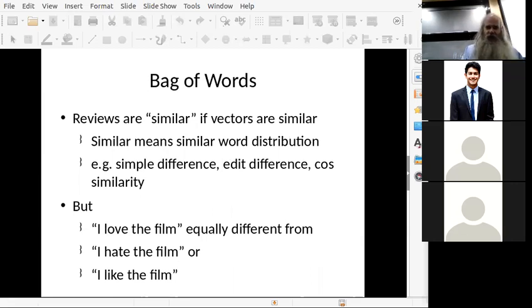Reviews that are similar, i.e. got the same number of stars, these vectors with all the zeros and ones in should be similar. That's really what we're saying. It's not quite what we're saying because we're going to put weights on these different things and then try and train it. But given that big array with all these features, especially if we're doing simple zeros and ones, we don't have to worry about the weighting.